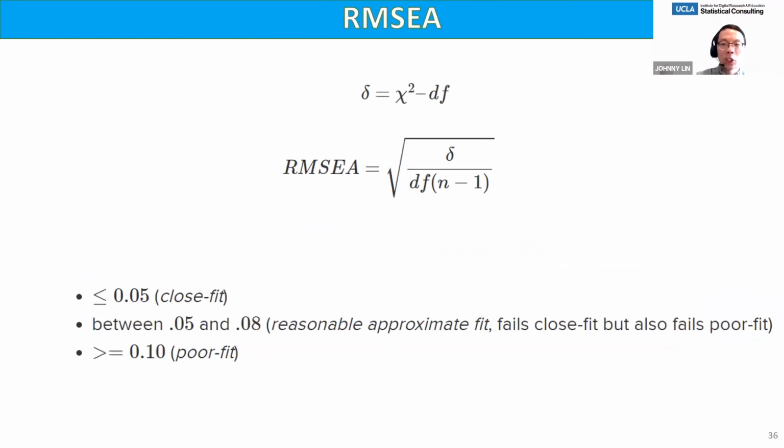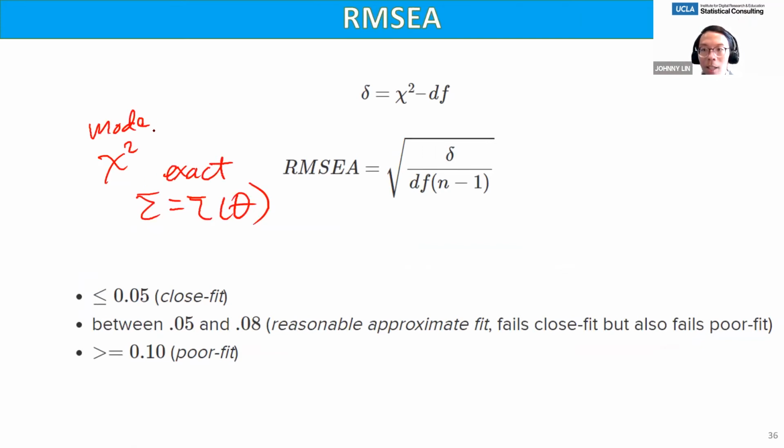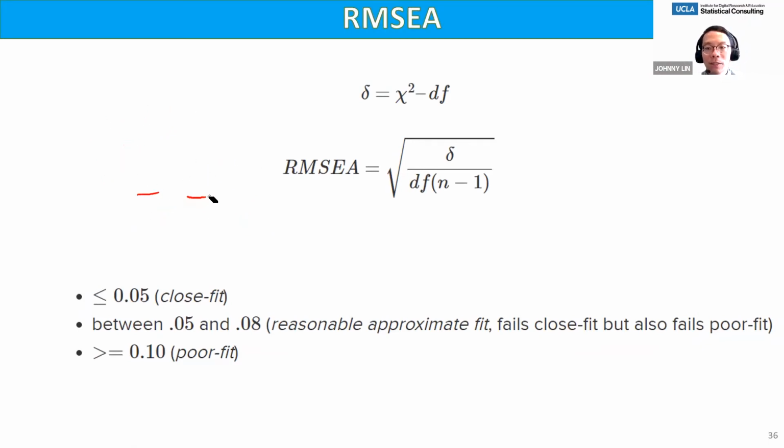The RMSEA is just a little different, okay? Remember we talked about exact fit? That's exact fit for the model chi-squared. The RMSEA does something a little bit different where we talk about close fit. You don't have to know too much about the null hypothesis, but this is what we call a non-central chi-square. It doesn't matter.